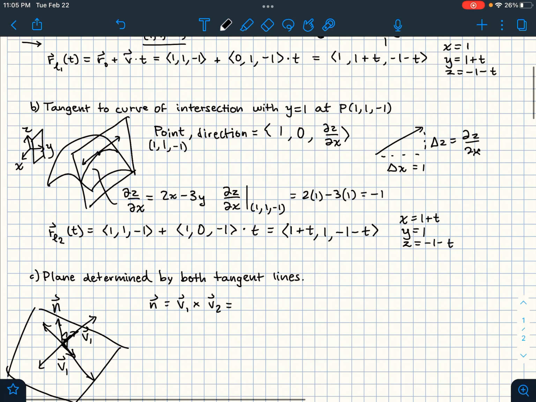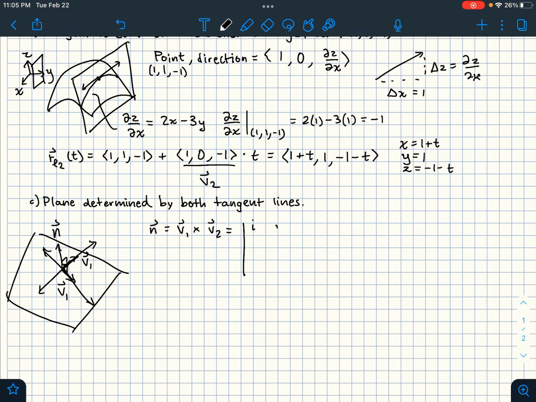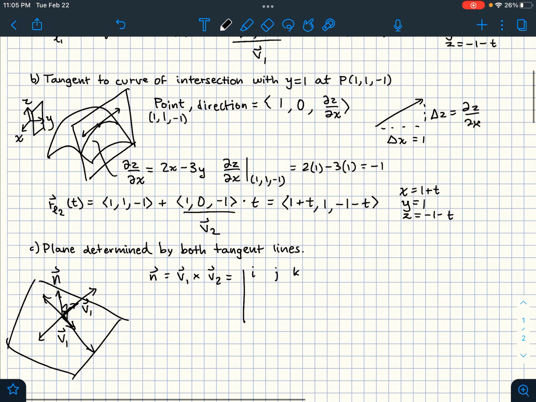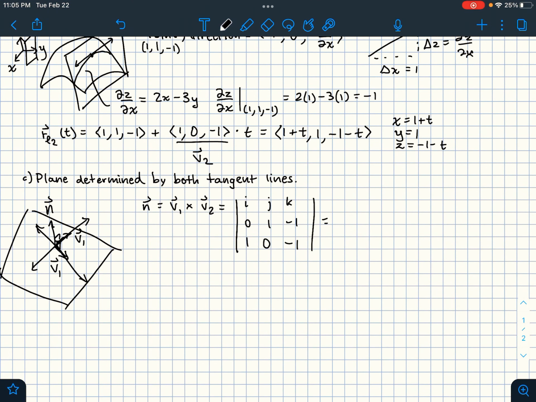And if we look back at our equations for the lines, this is v1 and this is v2. So we cross those two vectors. And that gives us a new vector, which is -1, -1, and -1.